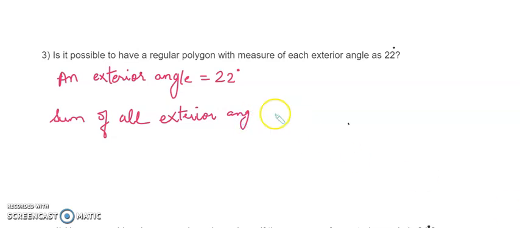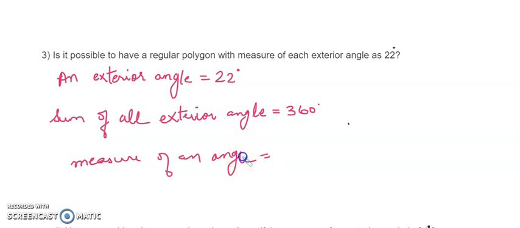Sorry. That means, can I say the formula that the measure of an exterior angle is equal to 360 divided by n, right? Now, the measure of one exterior angle is already given as 22.